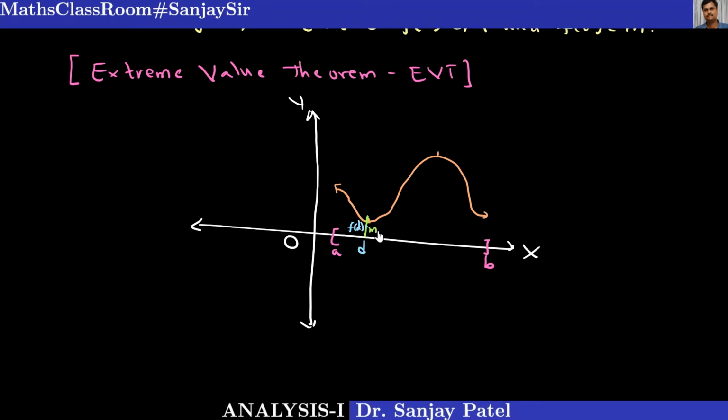This we can also show on the y-axis. This point is small m, or you can say it is f(d). Same way for the maximum value, this is my maximum value. It is some real number, say capital M, and from this point, which is the point for maximum, if I draw a perpendicular again on the x-axis, oops, it is not right.